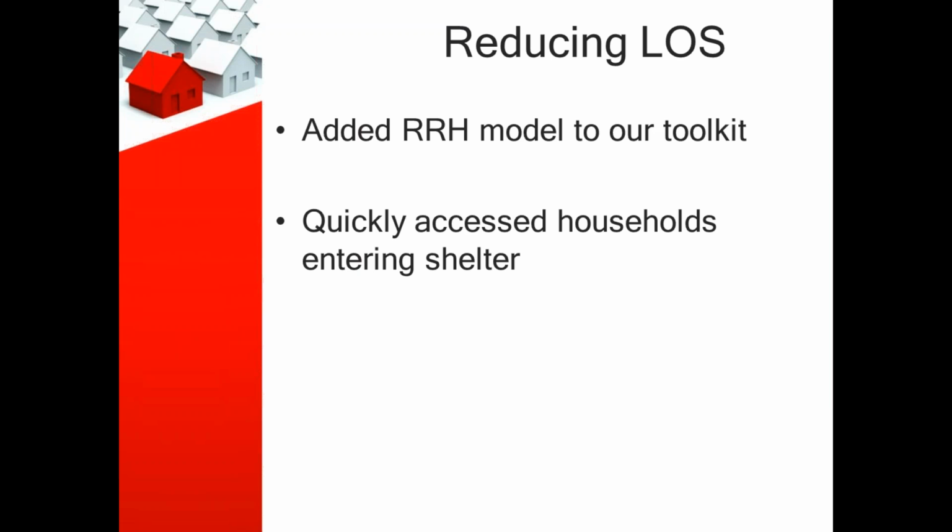So if we moved up the timing of when we were completing the VIs, we would be able to house some of those individuals quicker. We also learned that developing diversion methods and employing them in our intake process would actually prevent that quarter of individuals who were coming and could have been diverted from ever having to enter the shelter. And so we made those necessary tweaks as we went along.